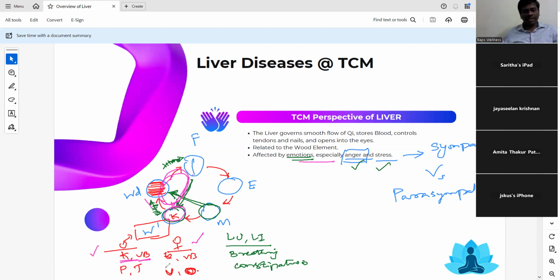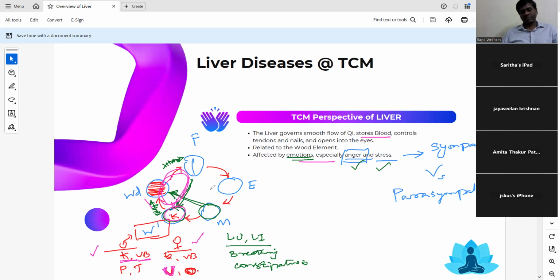Because in this case, the hormonal involvement is also there, depending upon the age and also the period cycle. That will interfere with the menstrual cycle, because we have already seen that wood stores blood, and not only that, the blood flow to the uterus is governed by the liver. So it will get impacted.